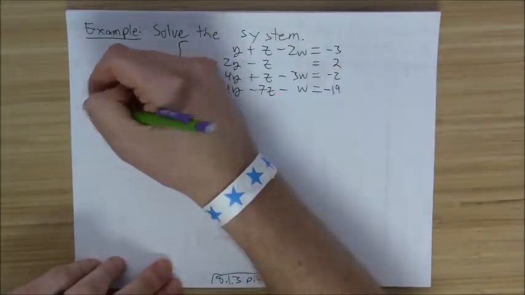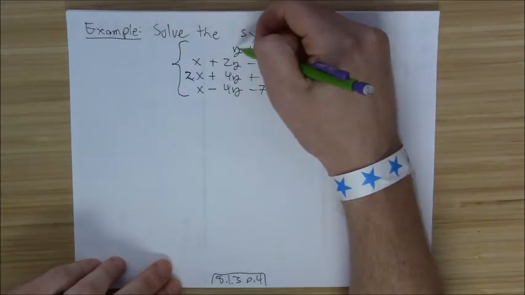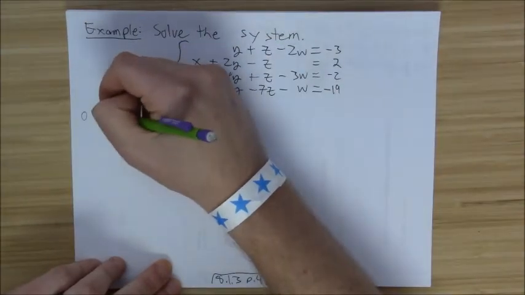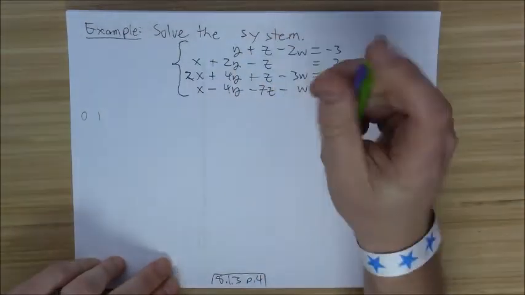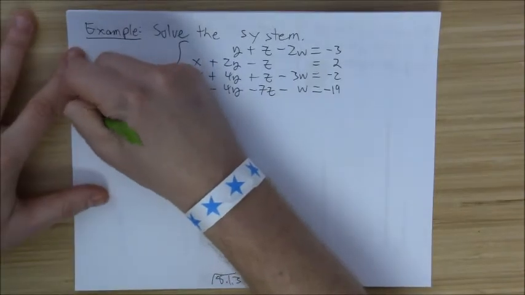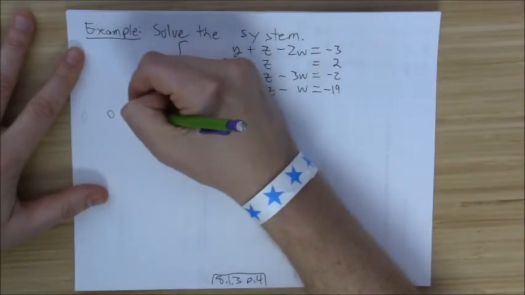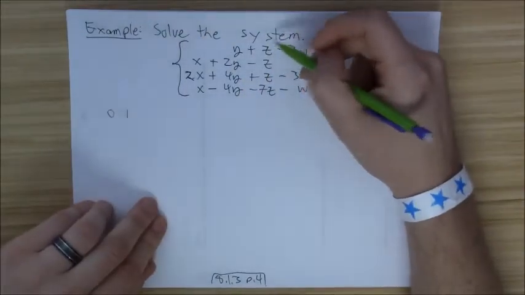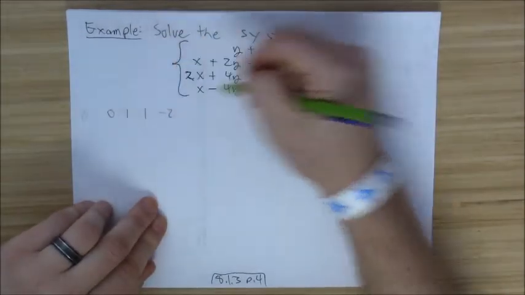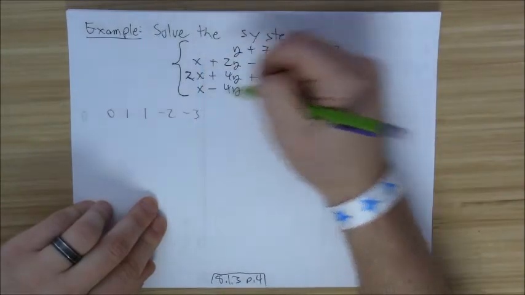So if I write out this augmented matrix, I have 0, 1. So 0, 1. Give me space so I can do my row operation. 0, 1, 1, -2, and then -3.